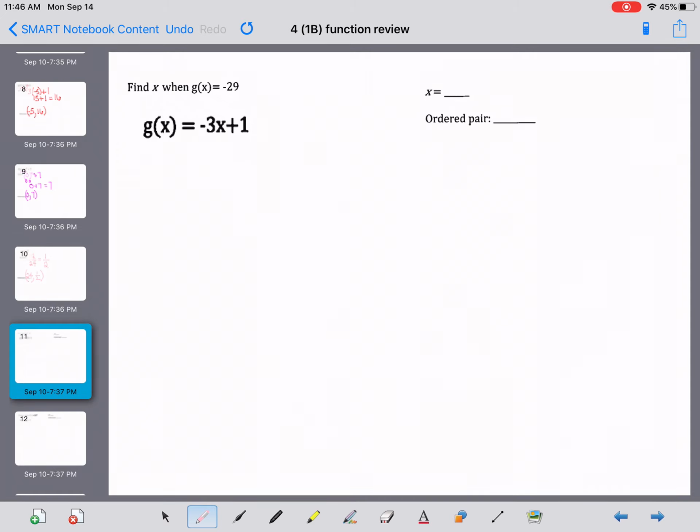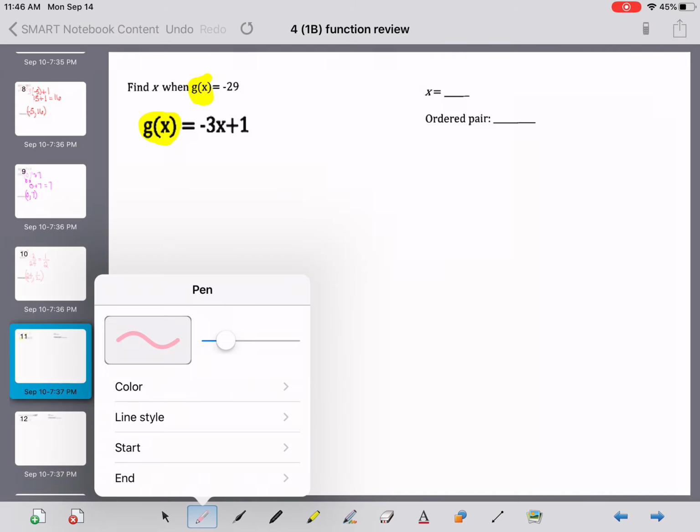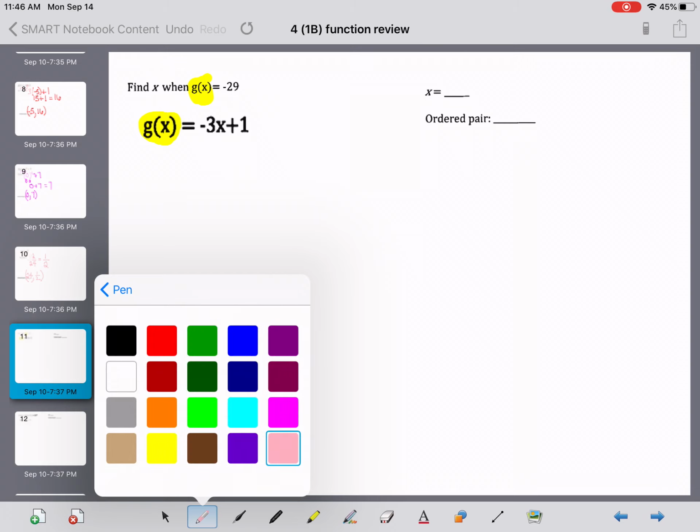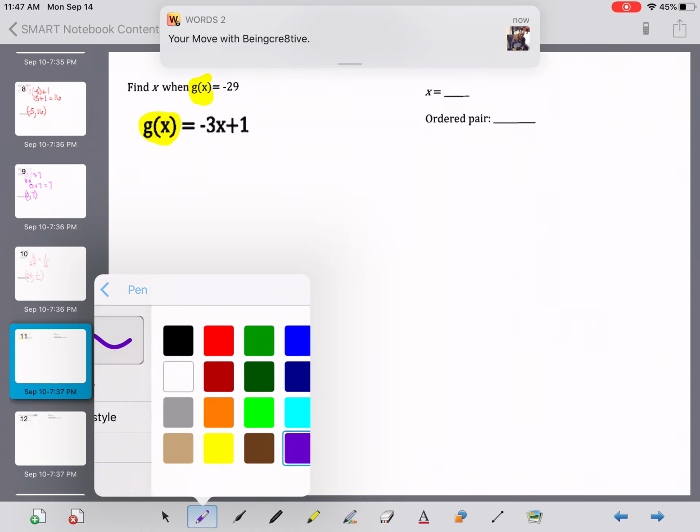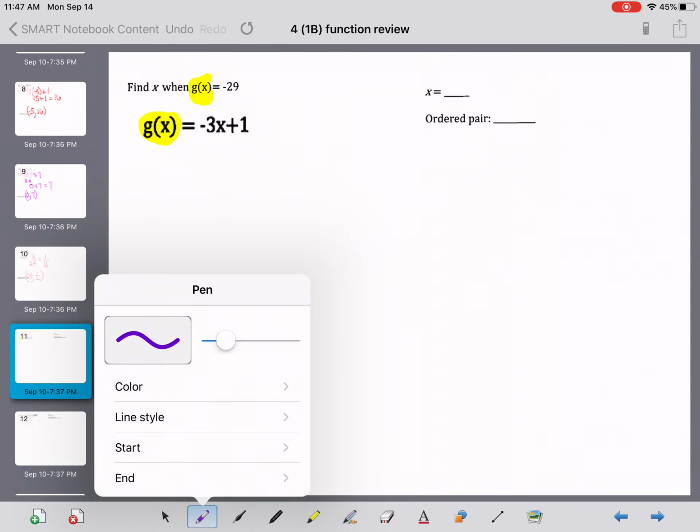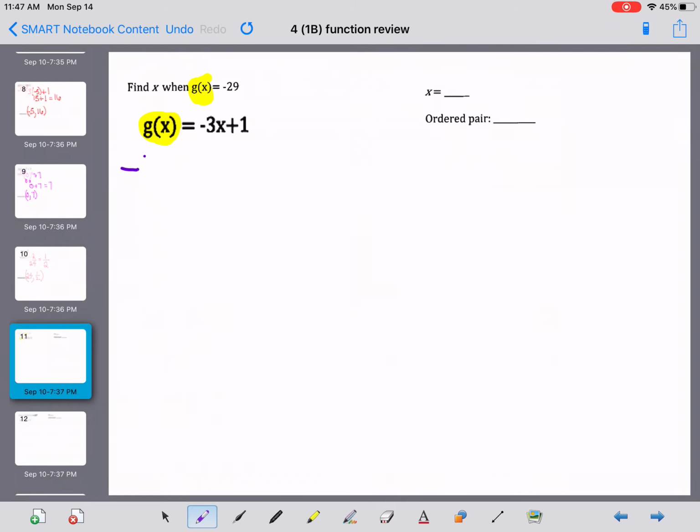Now, again, watch out on this one because it says find x when g of x equals negative 29. And remember, here's g of x. So we need to put our value in the proper spot when we're evaluating this function. We need to use the correct equation, which we are doing by using the g function. But this time we're going to put in negative 29 here: negative 29 equals negative 3x plus 1.